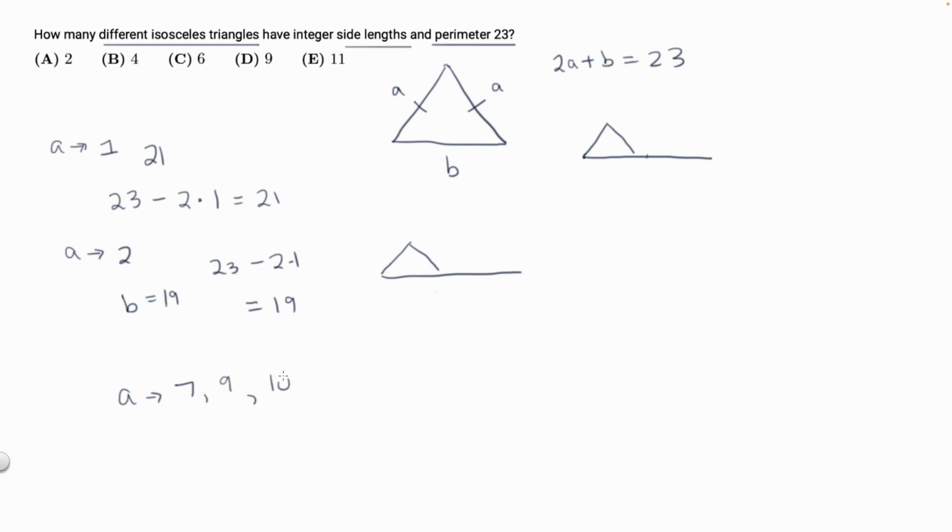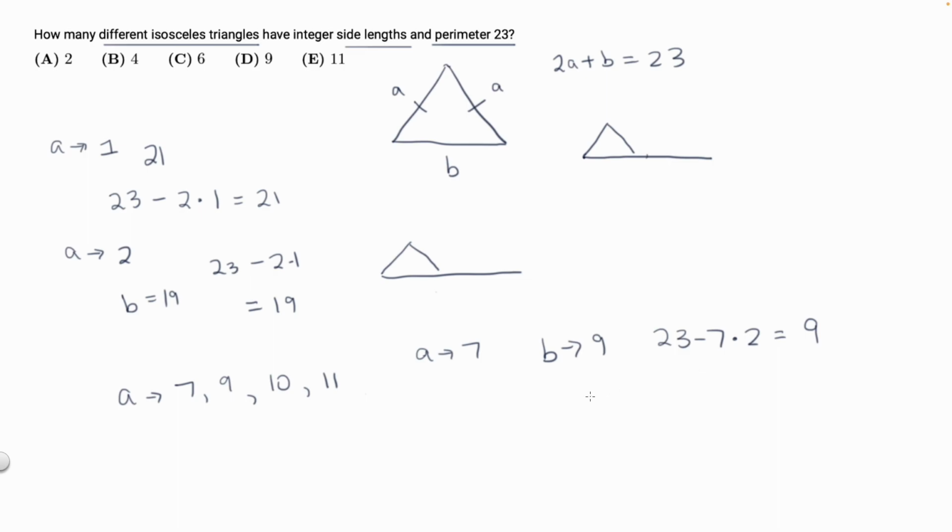So if we go through all the possibilities, we're going to see that A can be 7, 9, 10, or 11. Then we get the B values that make sense for this triangle by repeating the process. When A is 7, then B would have to be 9, because 23 minus 7 times 2 is 9.